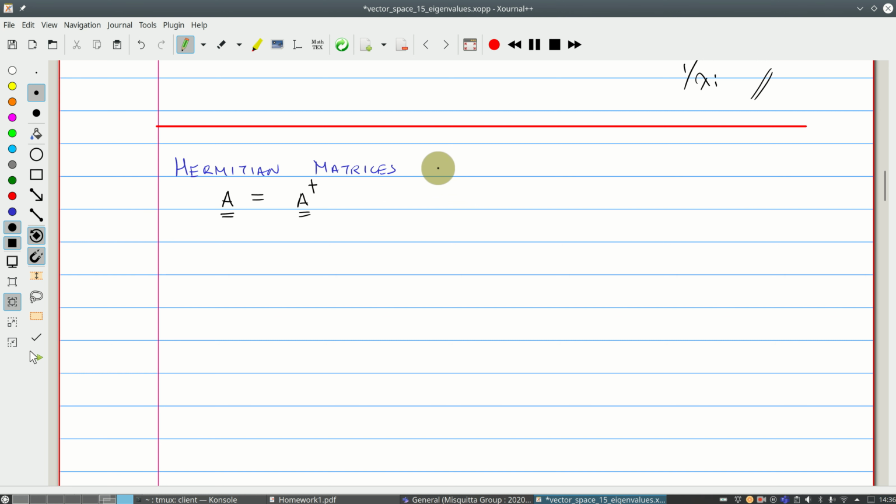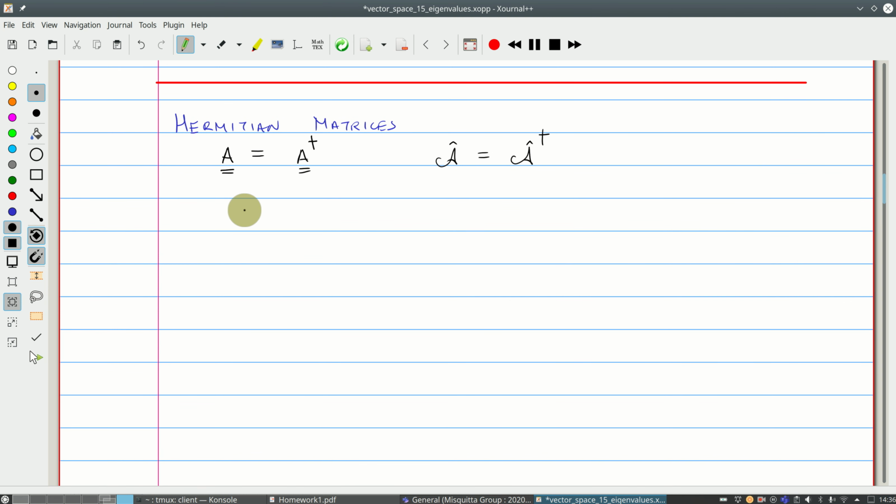Or in operator form, the operator A is equal to the operator A dagger. Right. Now we can prove this result both using matrices and operators. I'm first going to use the matrix form.